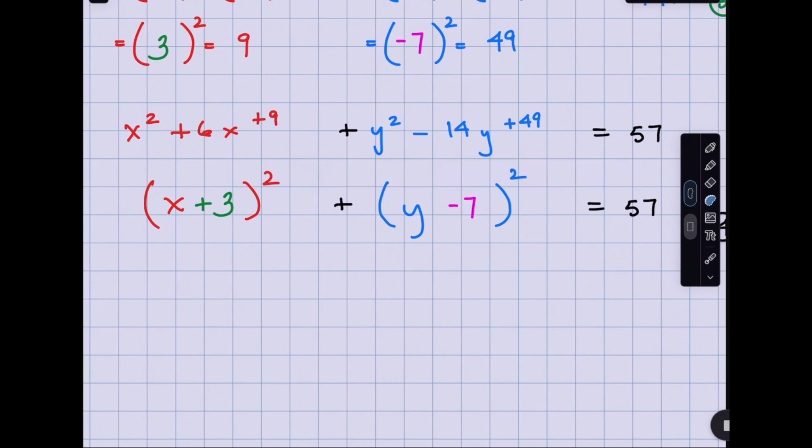Ta-da! So when you say add or subtract the right side, it means after the equals.